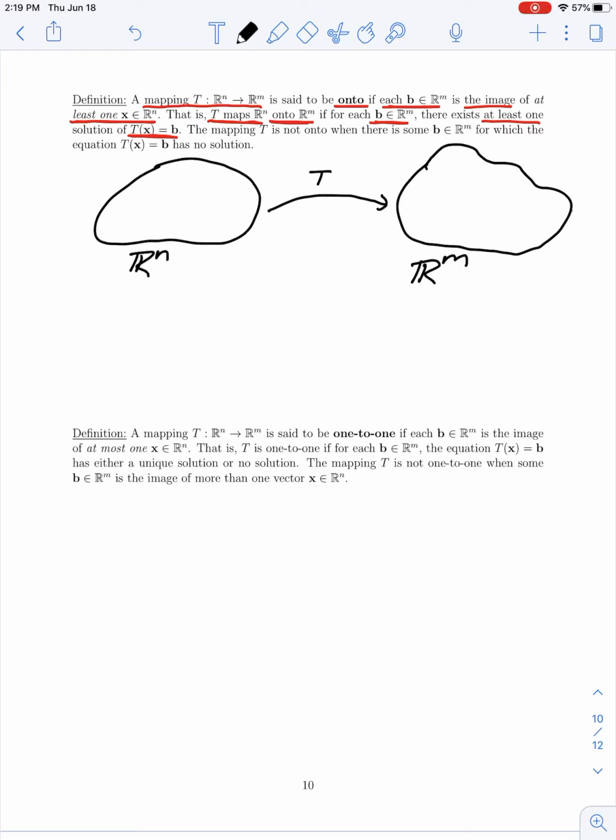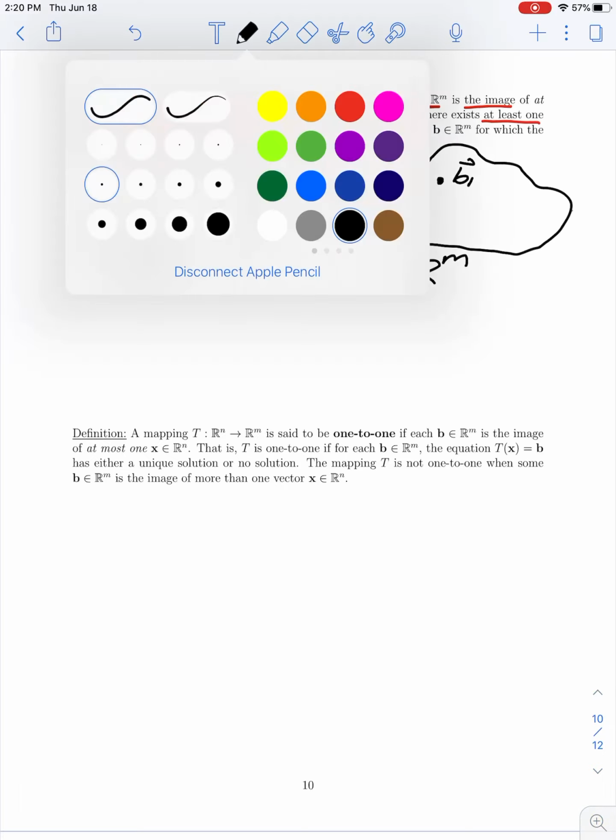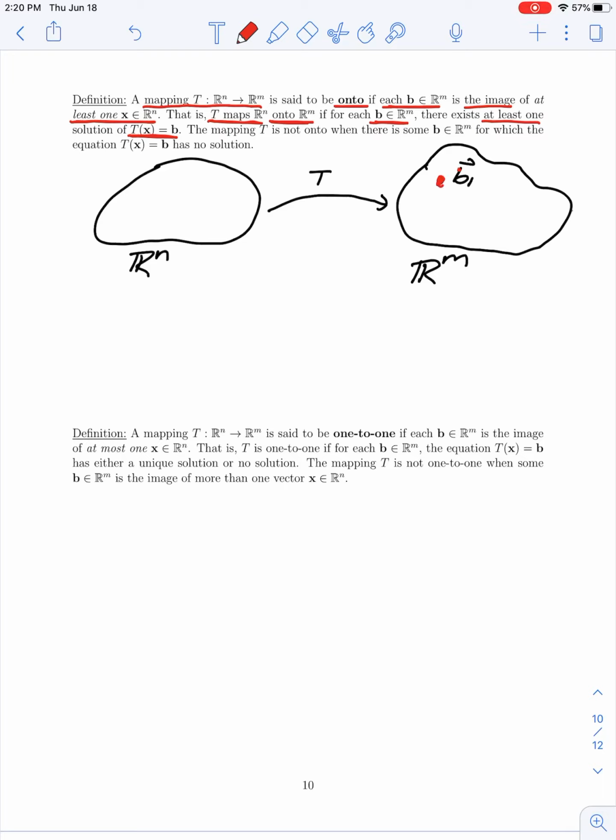So this mapping is considered to be onto if every single vector b in Rm, so let's look at one of them, let's maybe call this b1, can be considered as the image of a vector x in the domain. So let's say for a given vector b1 over here, b1 is the image of some vector x1 in the domain. That is, T of x1 is equal to b1.